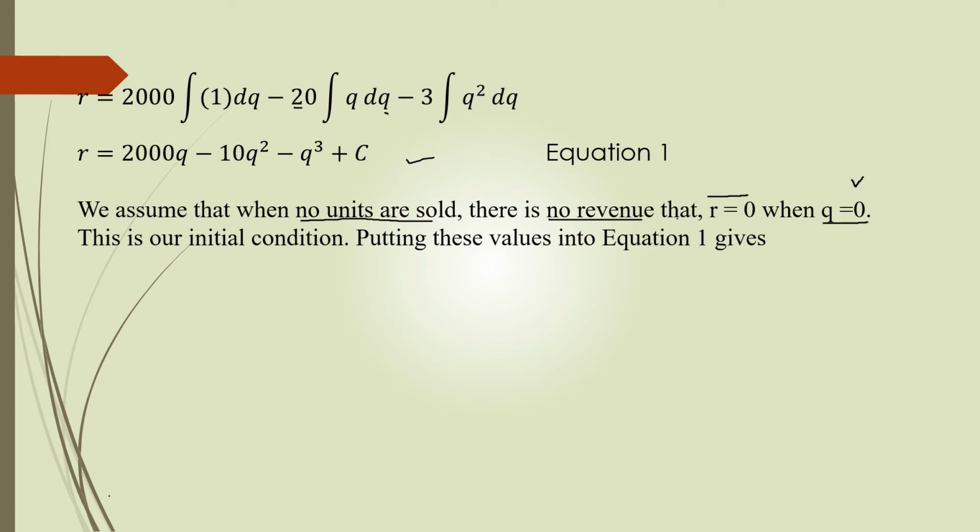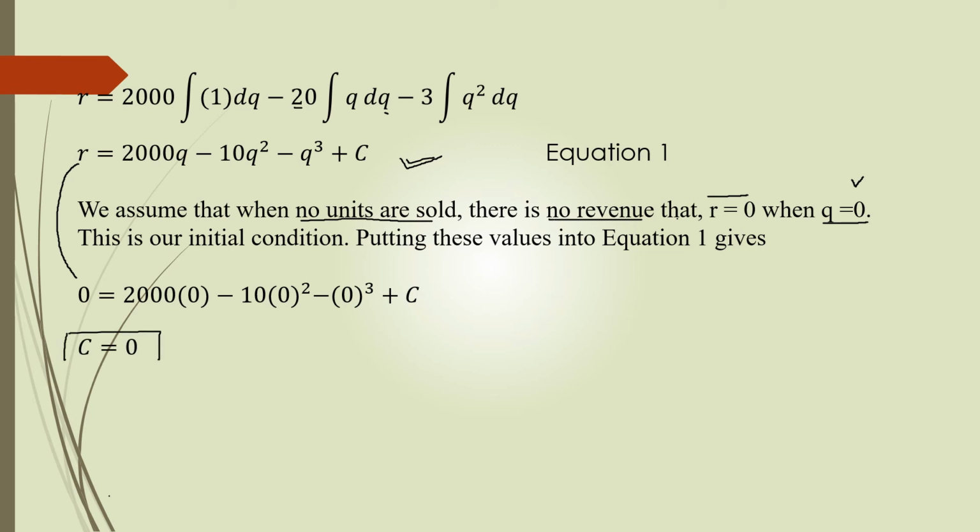Put the values of R and q in equation 1. So after putting the values, R is equal to 0, q is equal to 0, this q will be 0 square and minus 0 q. So after simplification, the value of c is equal to 0.